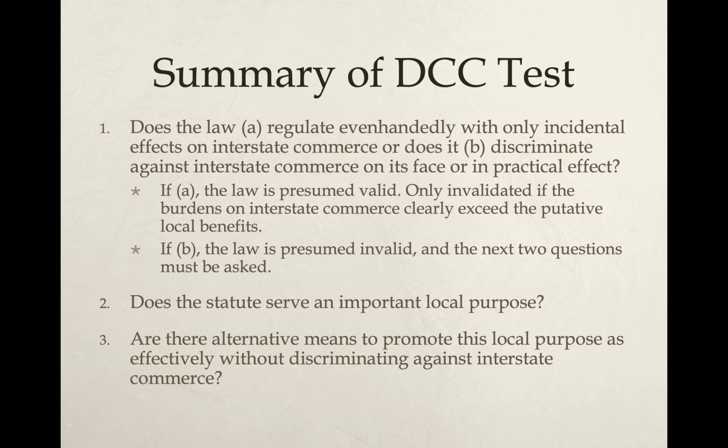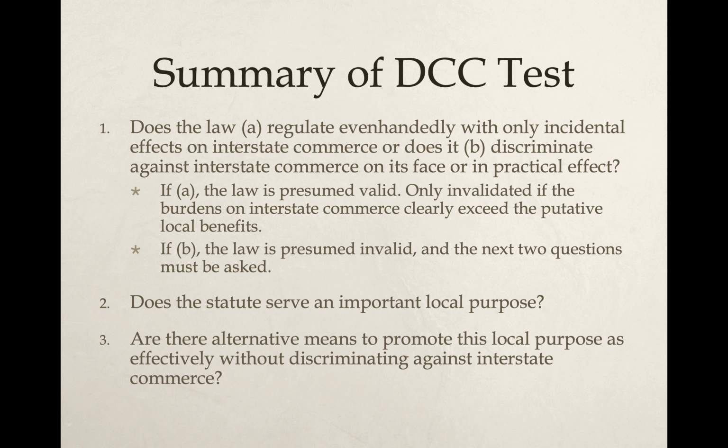All right. So we'll have practice applying this test in the next couple days. The set of cases that we have here, starting on page 339 of the casebook, under the heading, The Evolution of the Modern Rule, there's four main cases here. All of these are early cases, and so these are cases that the court decided before it came up with its modern two-part test, or its modern bifurcated test between discriminatory and non-discriminatory laws.